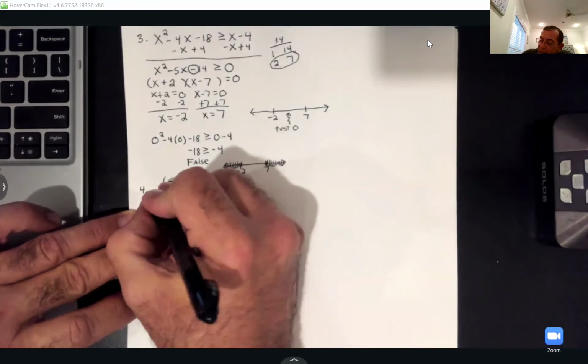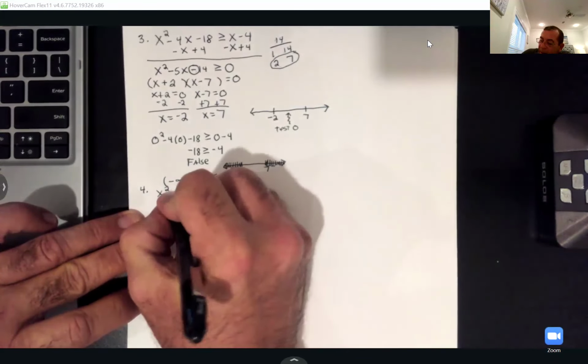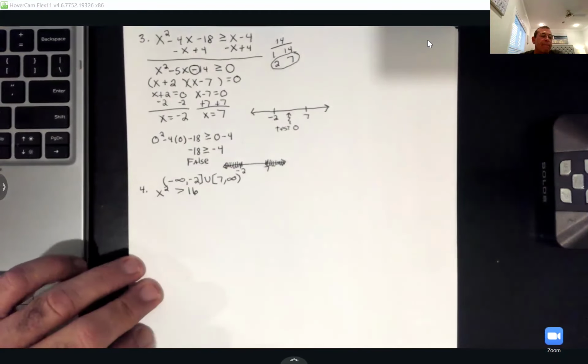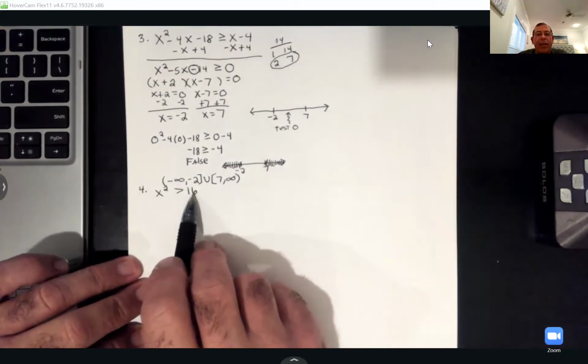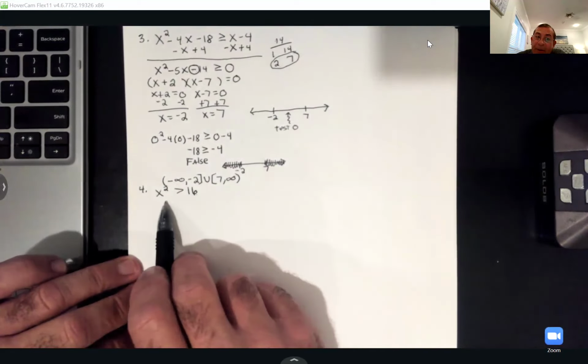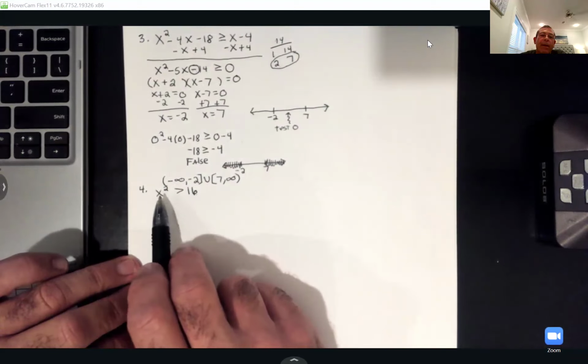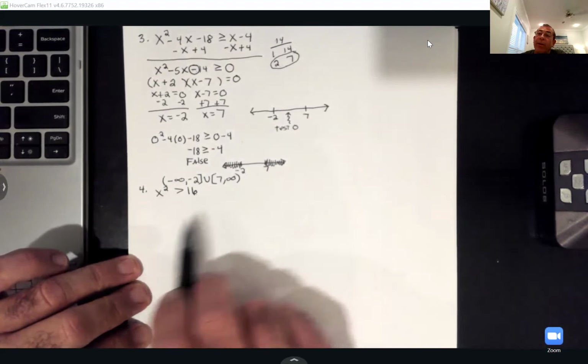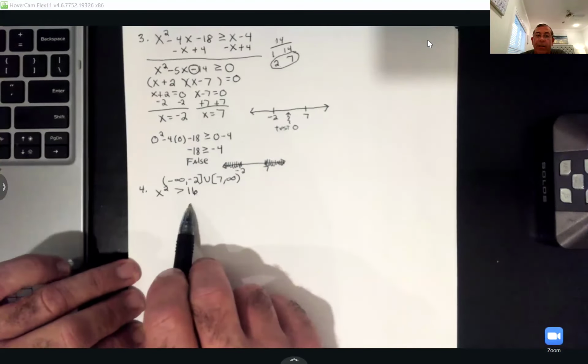All right, y'all, so what if we had x squared greater than 16? Now, I'm not going to lie, you could get a 0 over here and factor this one. You'll get x squared minus 16 greater than 0, and then you could factor that perfect square stuff.